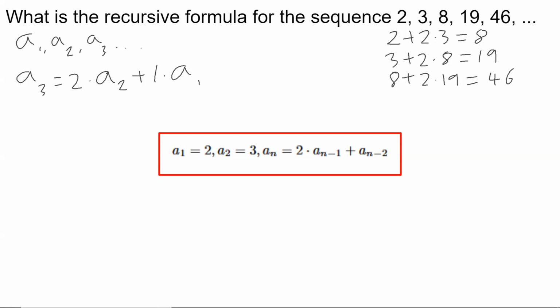And in general, we can see that AN is equal to 2 times AN minus 1 plus 1 times AN minus 2. And that is the equation part of our solution.